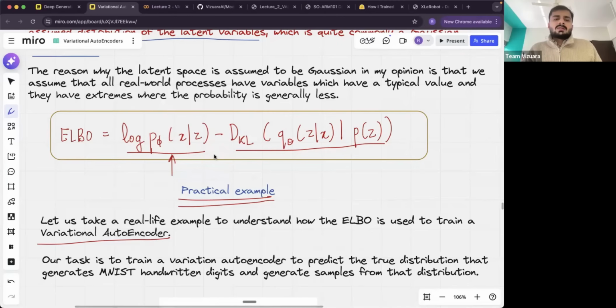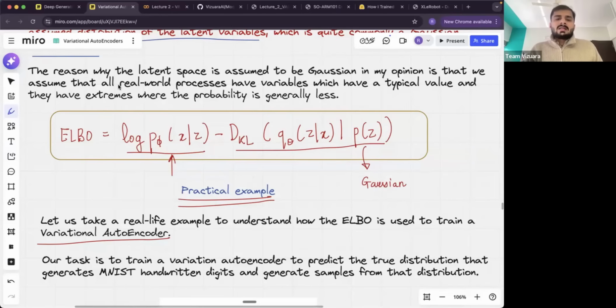Pramod's question is interesting. How do we get P of Z? So P of Z is something which is fixed. It is fixed to be a normal Gaussian distribution in most practical use cases. Now let's go to Sriharsha's second question.